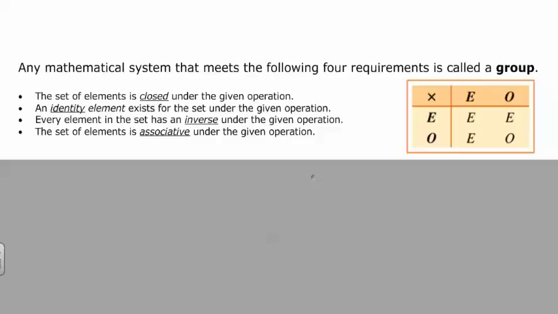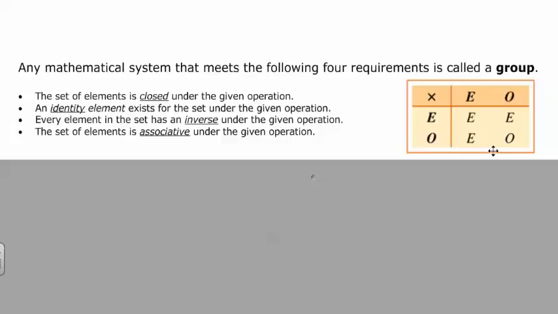So requirement number 1 is whether the system is closed. And one thing you notice when we perform the operation, even times even, even times odd, odd times even, odd times odd, our results, the 4 in the body of the table, are all elements of the original set.